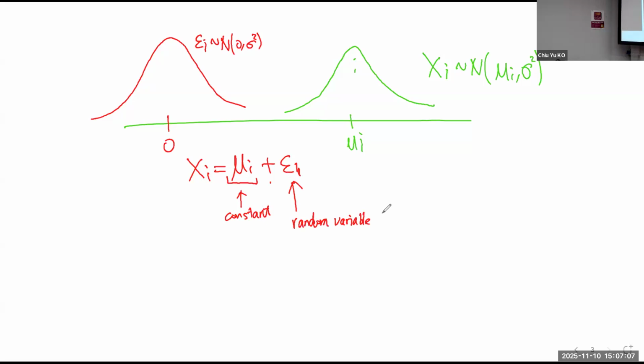So when you see a lot of modeling with non-zero mean, you say a constant part plus a mean 0 random variable. And we will often look at regression later, next class, or in many cases. This is the way we write, and it's very convenient.